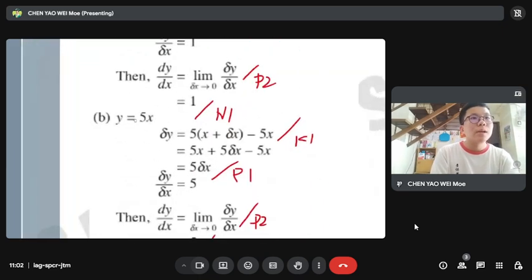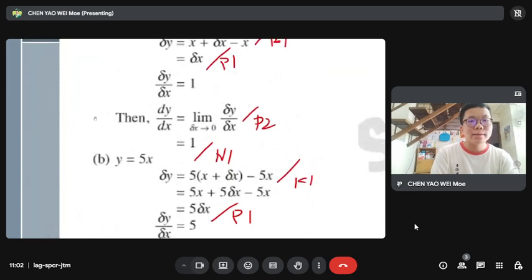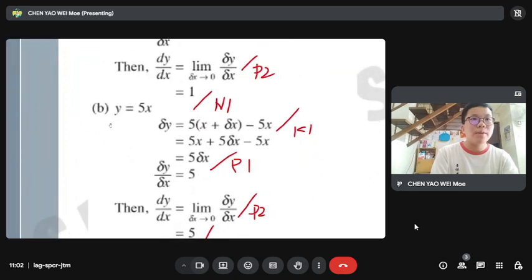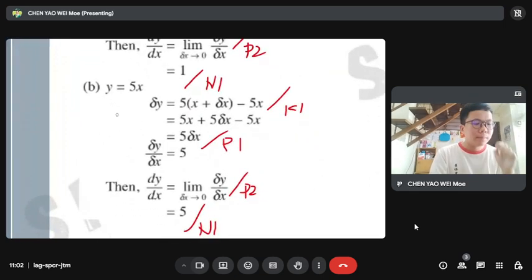We know about y equals mx plus c. It's actually the same thing as here, but in another form. We just do it like this.